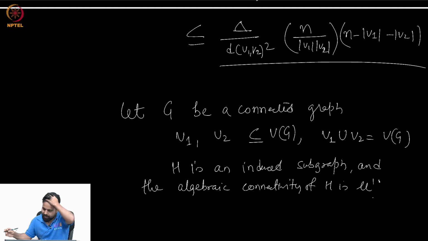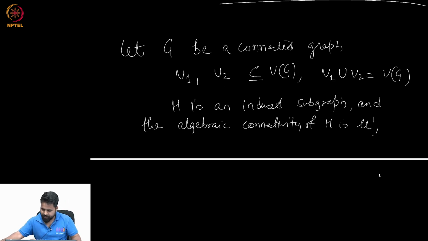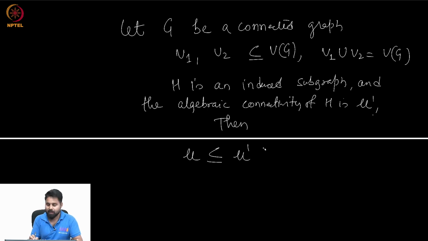Then we can write this statement: the algebraic connectivity of the original graph, which we denote by mu, is always less than or equal to mu dash plus the size of vertex set 2. So H is the induced subgraph on V1, very good.